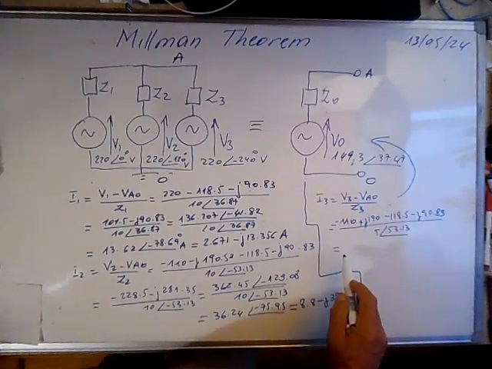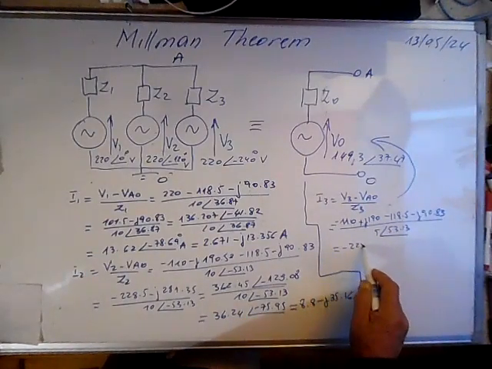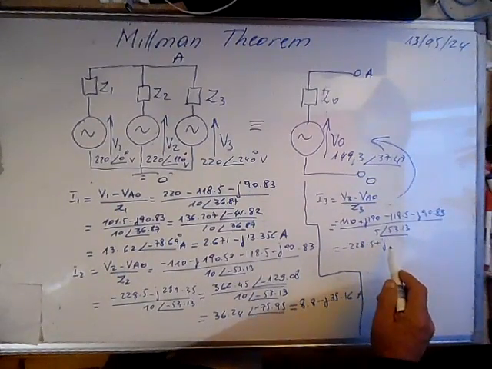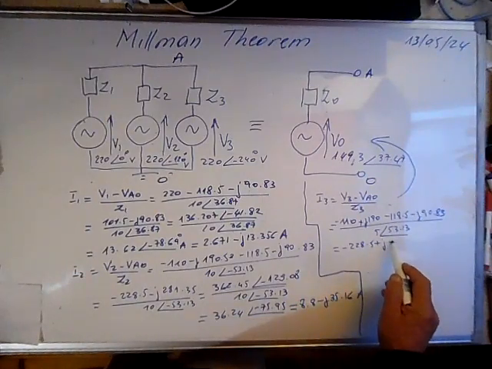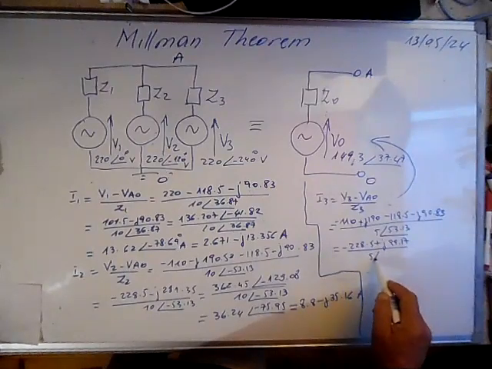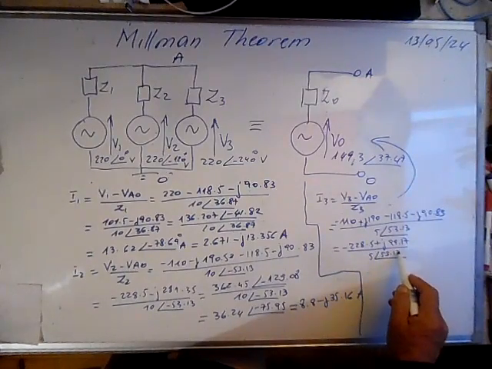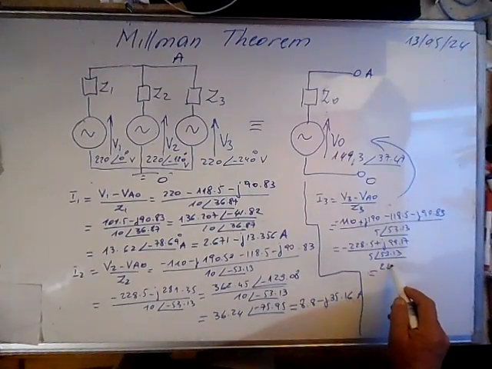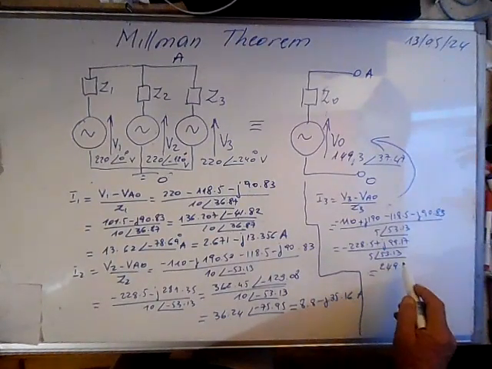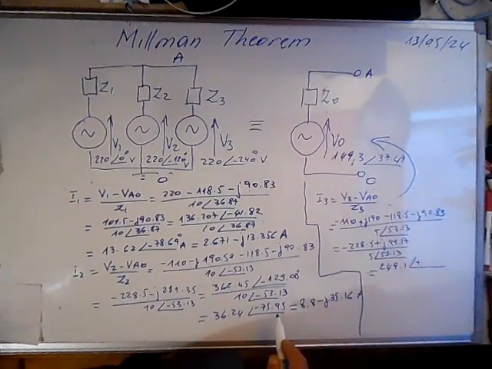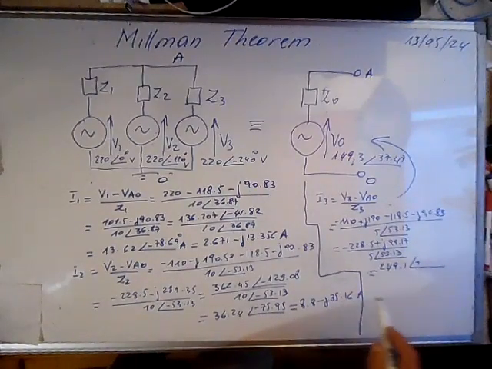We have here minus 228.5 plus j99.17 over 5 at 53.13, and in polar form we have 249.1 at argument plus 156.54.